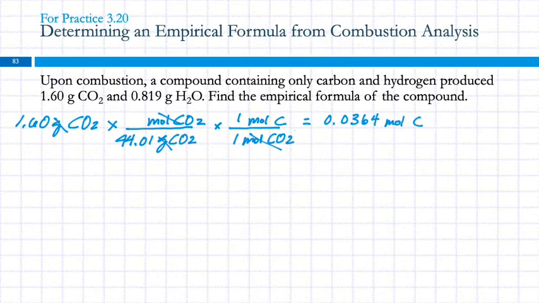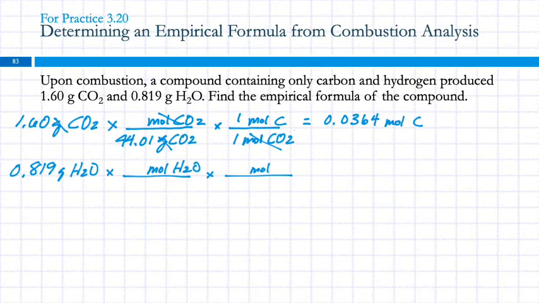So 0.819 grams of water. I'm going to find out how many moles of water, and then how many moles of hydrogen. And since ultimately I want the moles of hydrogen, I'm not going to go to grams, because then I'll just have to go back to moles.